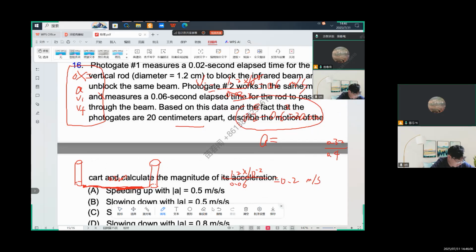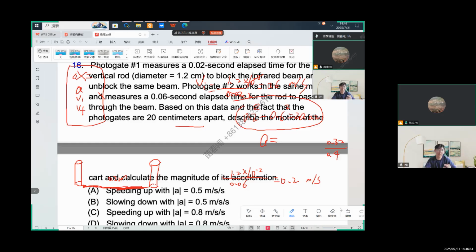First, is it speeding up or slowing down? Slowing down. Which means it's going to decide whether your a is positive or negative. Do you think a is negative or positive?